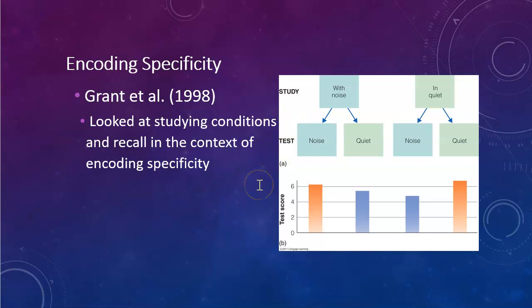Instead of the crazy example of being underwater or on land, this is something more acceptable, something that happens when we study: whether you study with noise, which could be music playing in the background, friends talking, your dog barking, anything like that, or studying in quietness, in a nice silent environment. If you study with noise and you take the test when there's also noise, you tend to do quite well.